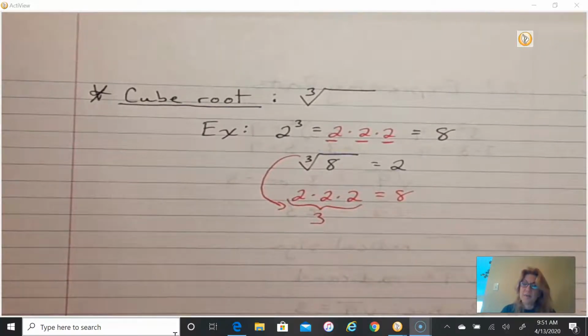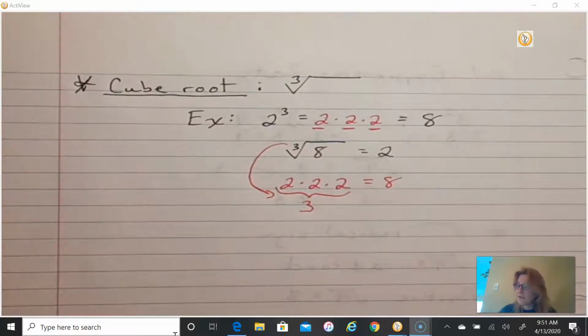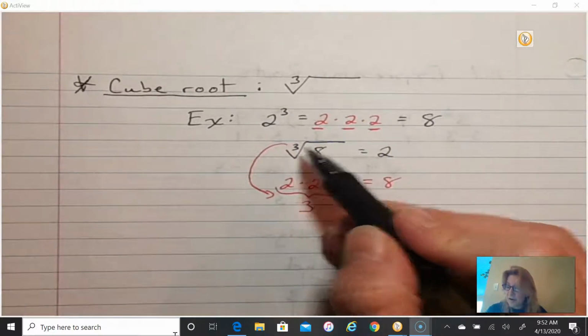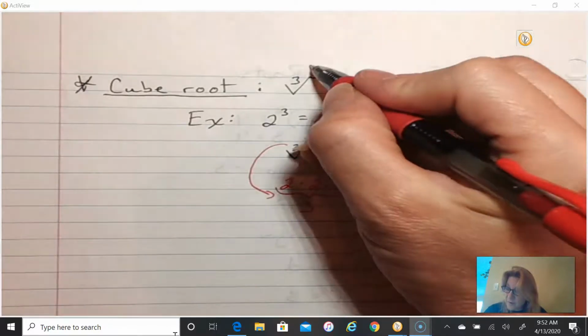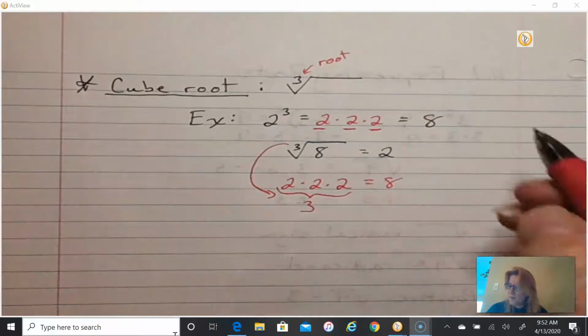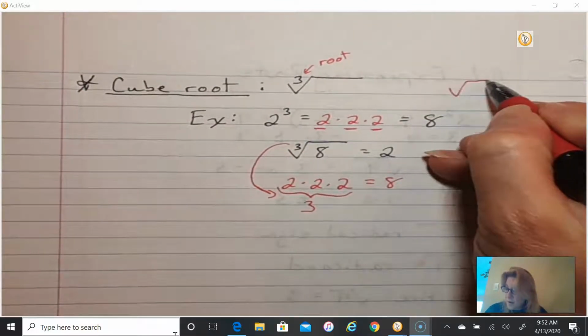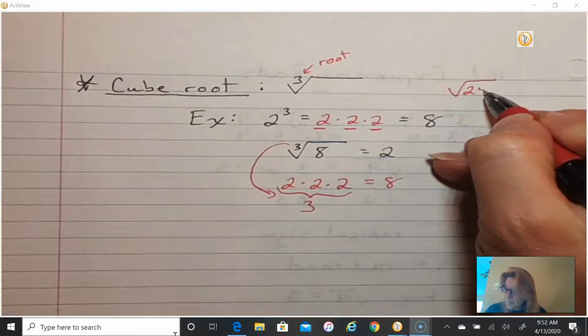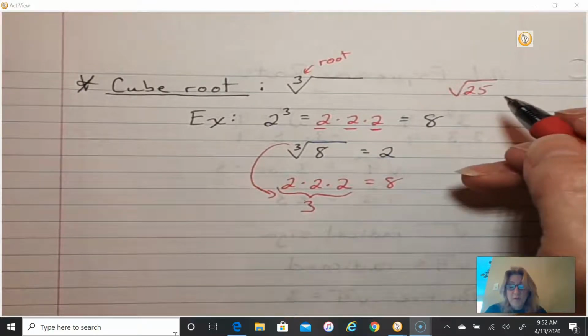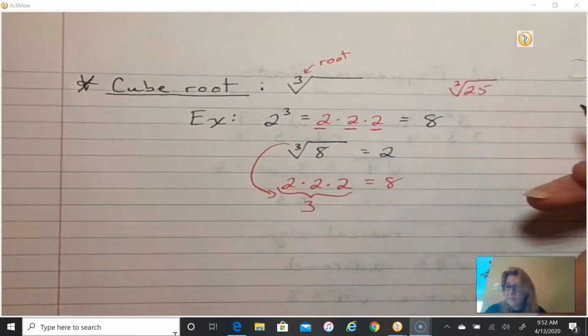Some of you are going to be completely confused and may need to watch this video a couple of times. Some of you, it's already starting to click, okay? So the number right here is called the root. Remember, if there's nothing there, we assume there's going to be a 2.